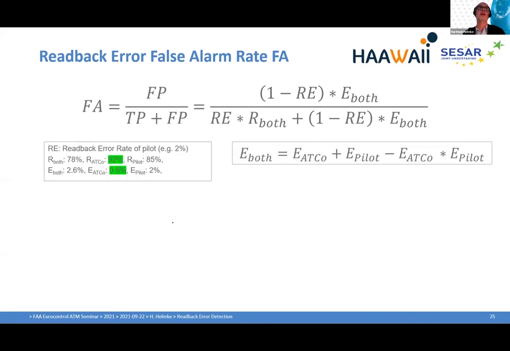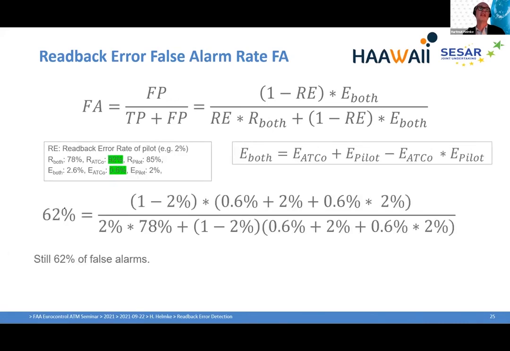Using the Mallorca data, even with the really good recognition rate, you will still have 62% false alarms. Here we consider the error rate: you have a false alarm if the pilot command or the ATCO command is wrongly detected and it is not rejected by the speech recognizer.